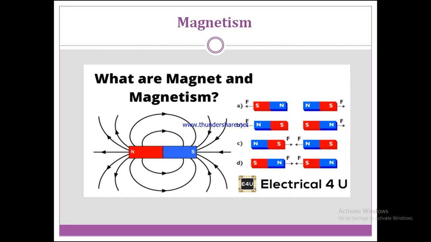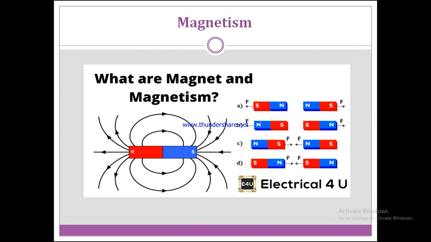Because two opposite poles are kept together, an attraction type of force is created between these two magnets, and hence the two magnets are attracted towards each other.